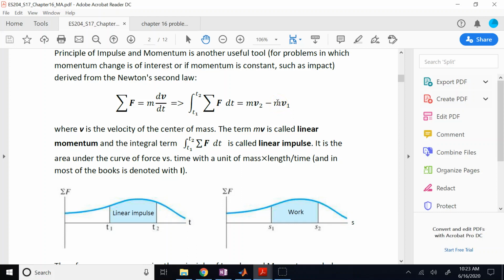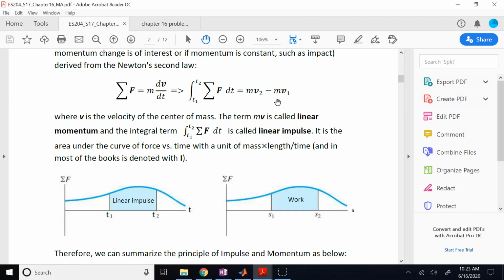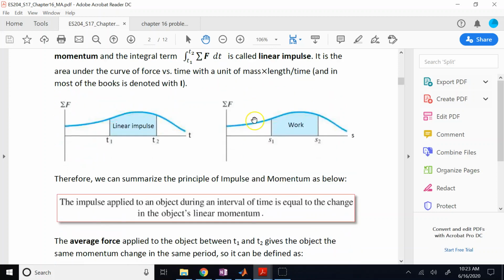We're going to see it in this lecture or next. We call it the principle of conservation of linear momentum, and that can be used in a bunch of problems. The most important one is impact and collision problems. In those kinds of problems, this method is the way to go.